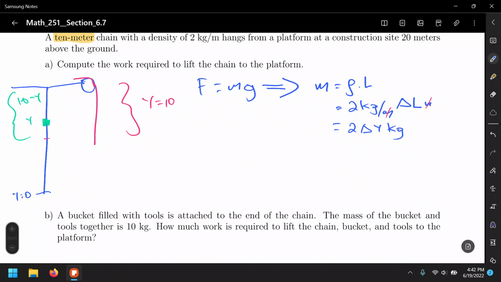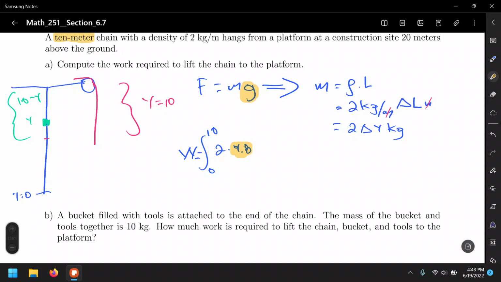Coming back to the force function, we can now write the work done by this force as the integral from 0 to 10 of 2, which is the density, times 9.8. This 9.8 goes with the gravity value here.